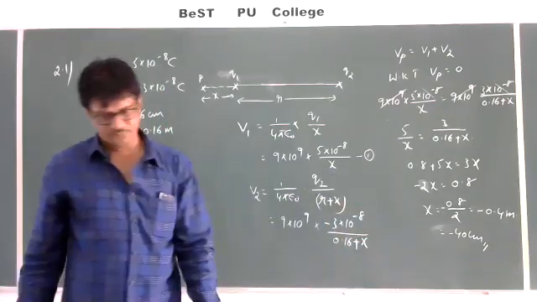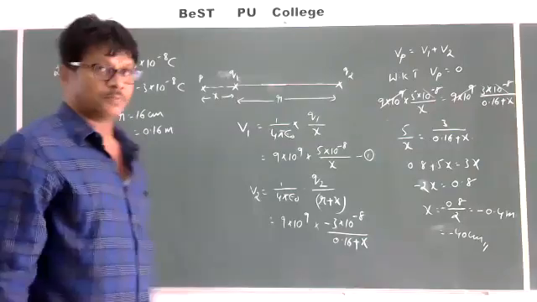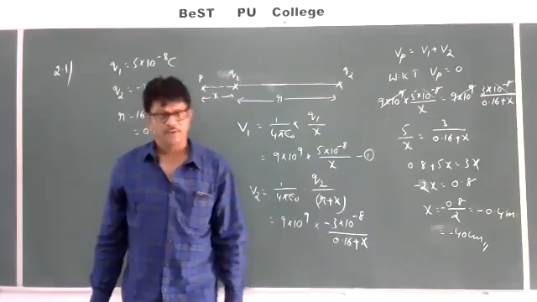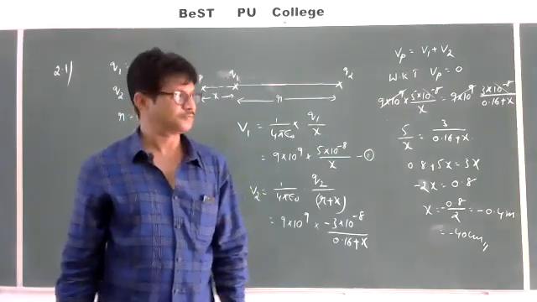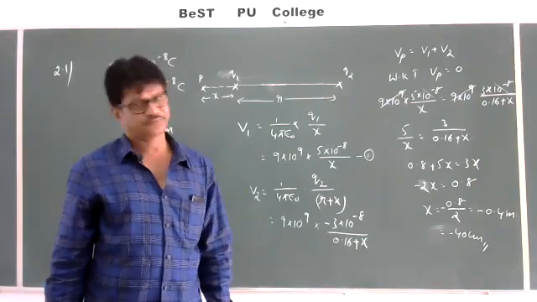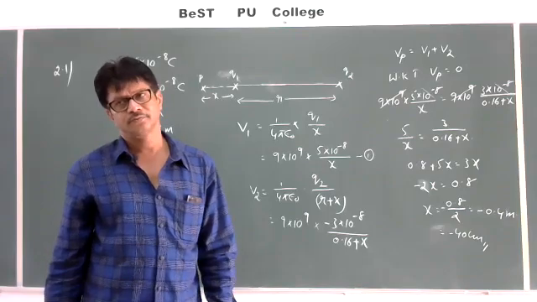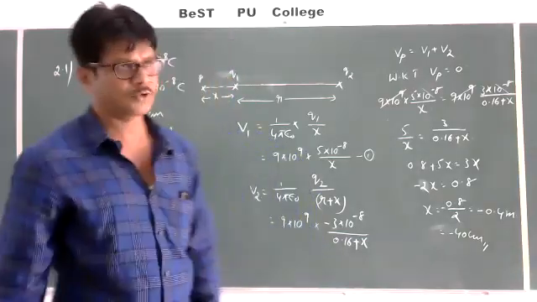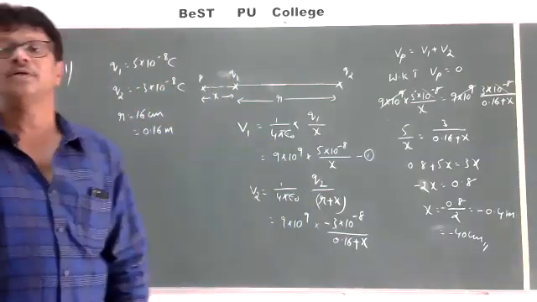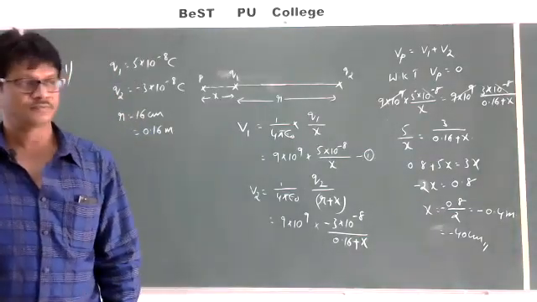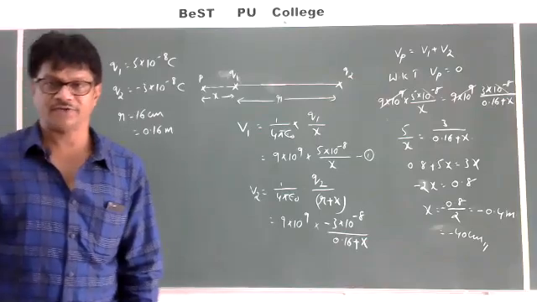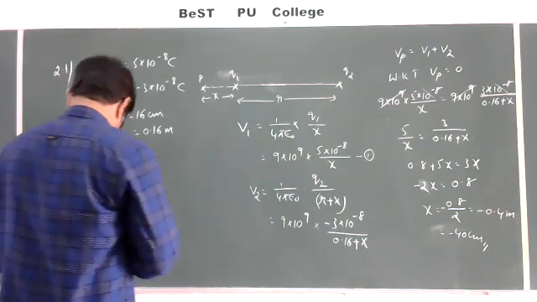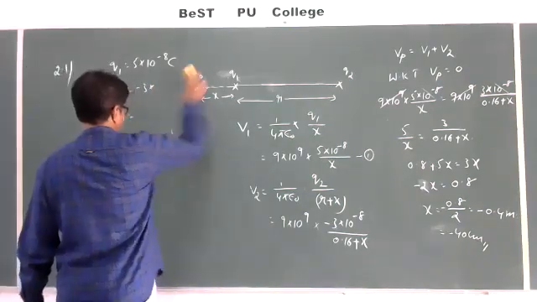The point P will be at a distance of 40 centimeter from Q1 towards its left, like that easily we can solve.